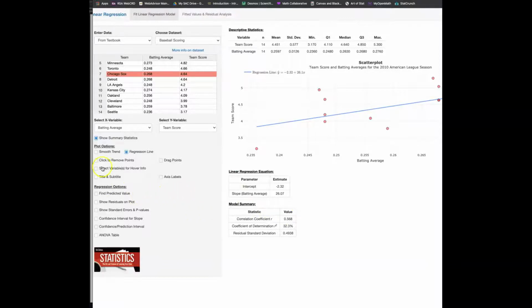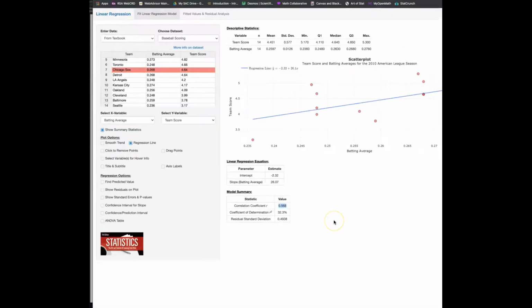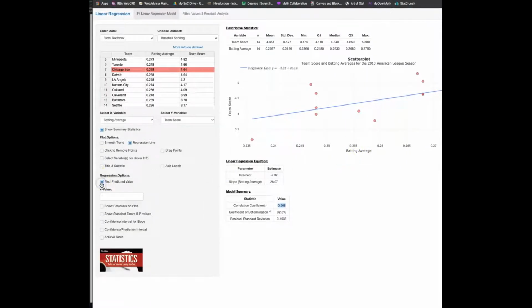There's a lot of other options here to use if you want to fool around with it, but you end up getting your linear regression equation right here to give you the slope. It also tells you the strength of the relationship, and that number gives us the strength of the relationship as we have the data here. And there's other stuff you can do, like find your predicted values, which we'll talk about.